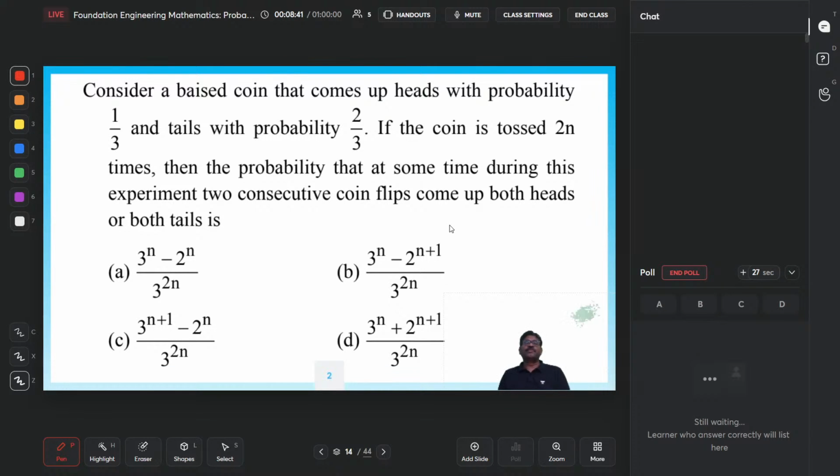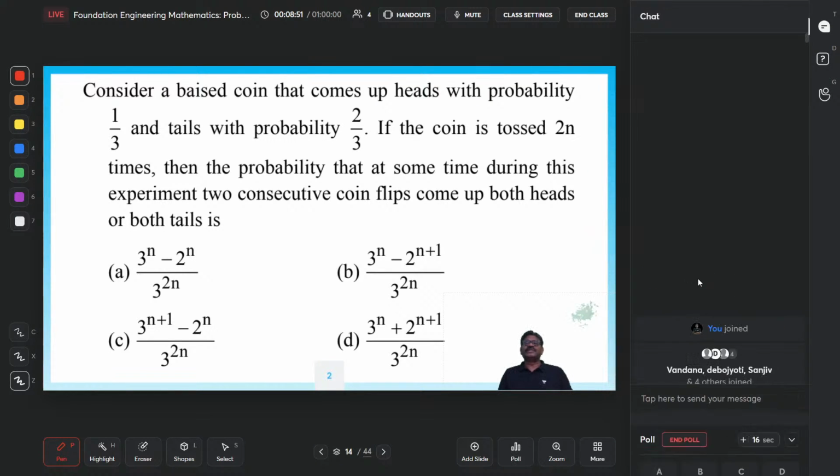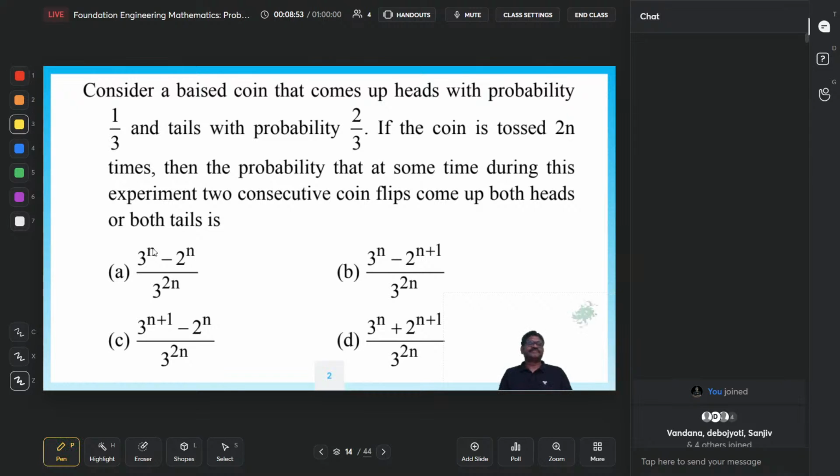We have to get the probability that 2 consecutive heads come up with both the heads and both the tails. First you calculate the contrary way, not getting both the heads and not getting both the tails.